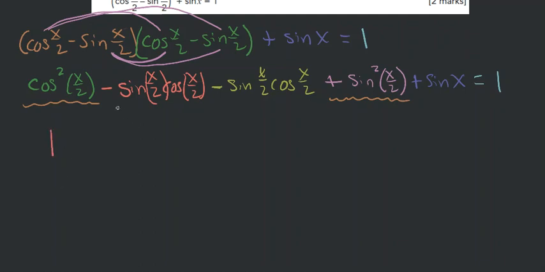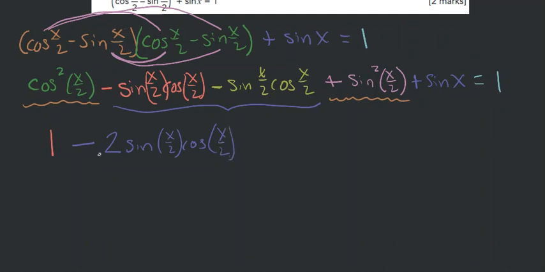So I'm going to write that down. Now I want us to consider these two pieces right here. These two pieces are actually identical to each other. So just like we have x plus x equals 2x, we're going to have pink minus yellow is going to be minus 2 pink times yellow, whatever that is. So we're going to have here, let me write it out like this, minus 2 sine of x over 2 cosine of x over 2.